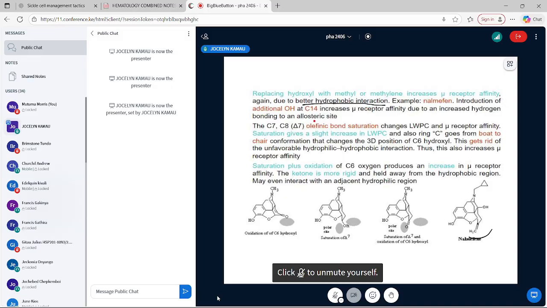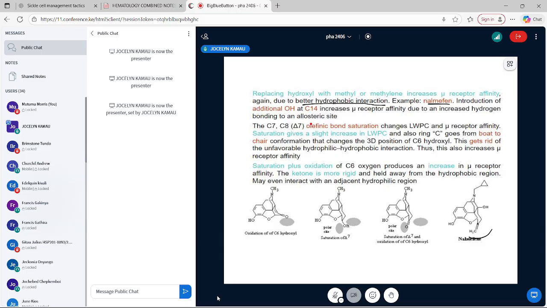Example, nalmefene, but of course I have explained that nalmefene is not an agonist. Nevertheless, when you introduce this group there, it binds the receptor more strongly. But because of this group, it becomes an antagonist. The whole of this other portion makes that compound bind very strongly.